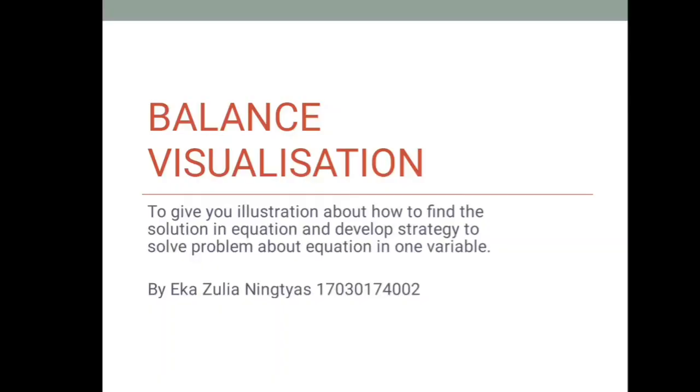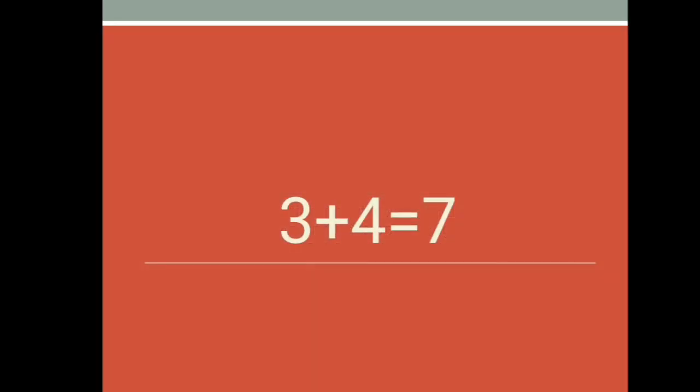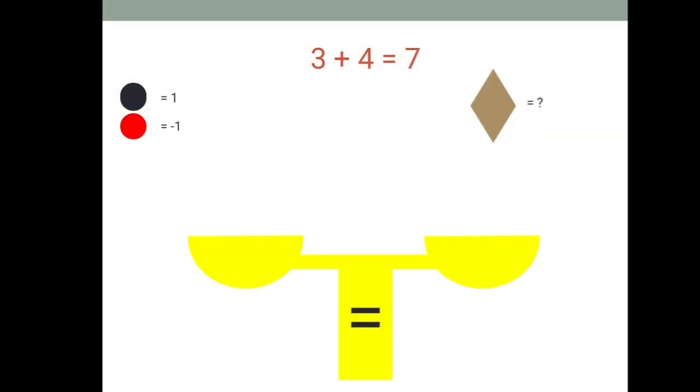I will give an interpretation of the following mathematical sentences using the balance visualization. The first example is 3 plus 4 equals 7. We will interpret the equality by using this scale.